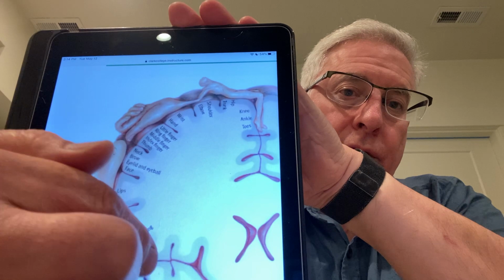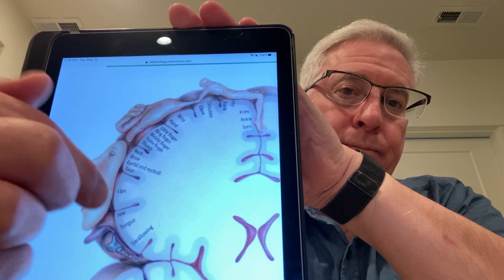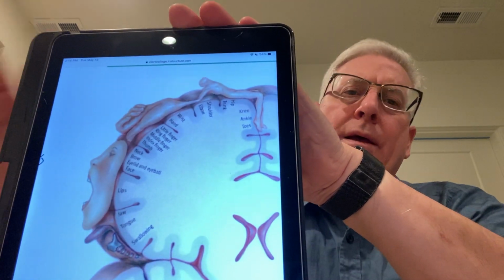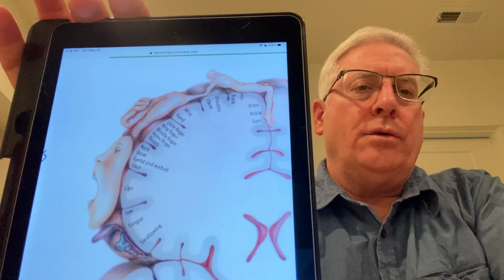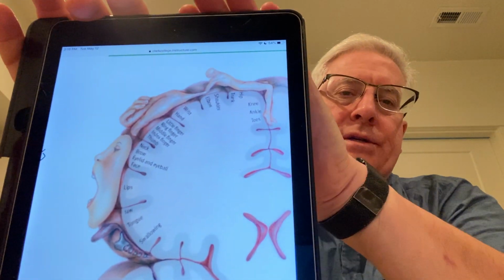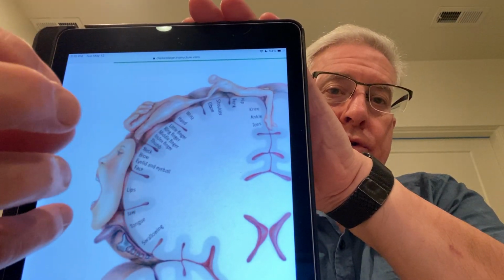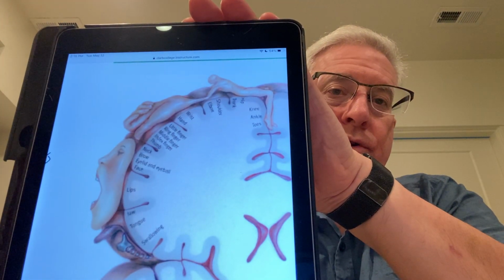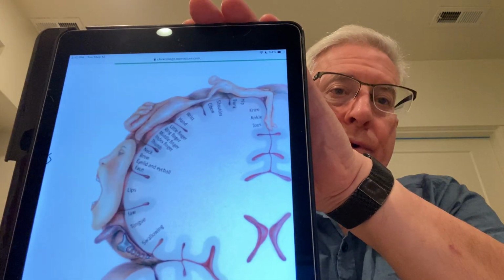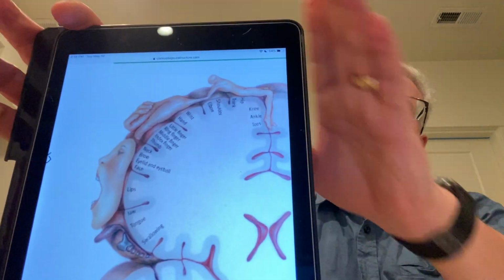And then literally the rest of the body down here. So that's what the parietal lobe does. It receives information like this. This is actually depicted in the book as the motor strip, but the motor strip and the sensory strip are divided up relatively the same. Okay, that is what your parietal lobe does. It manages all those functions.